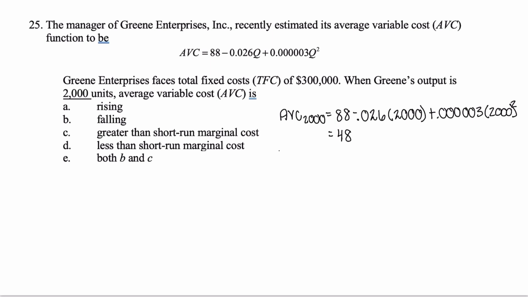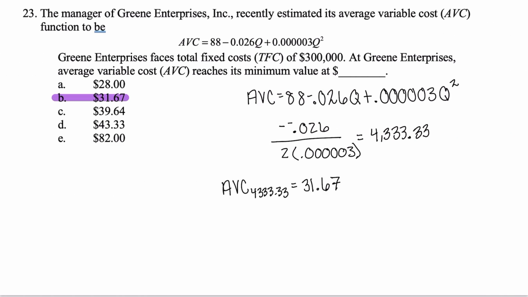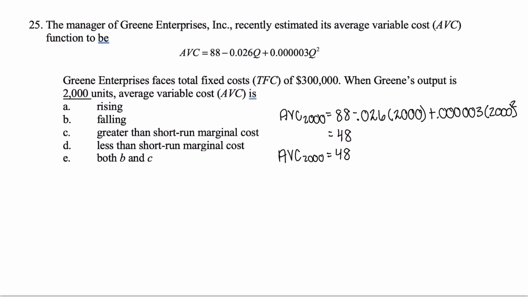So then we know that our average variable cost at 2,000 is equal to 48. And from the previous one, we know that it is decreasing because, if you come back here, this is our minimum that we found on question 23. So it's falling because it's less than the minimum, sorry.